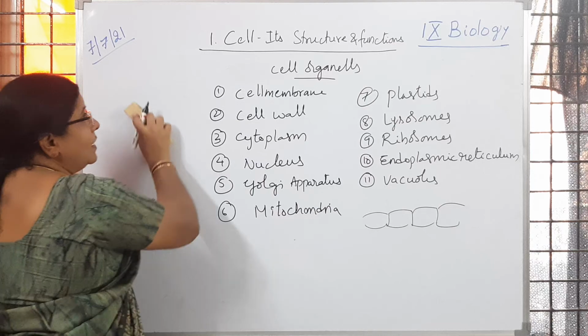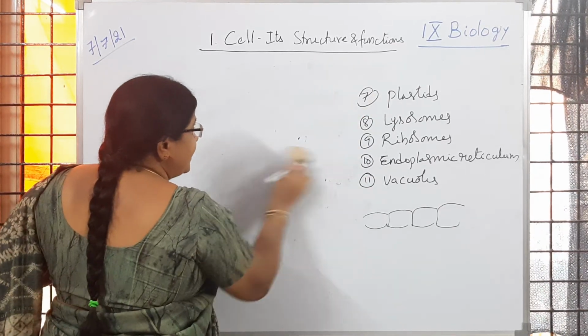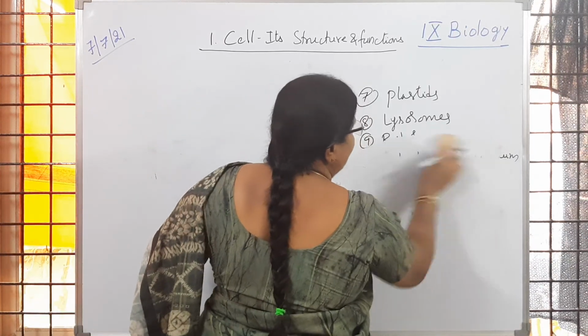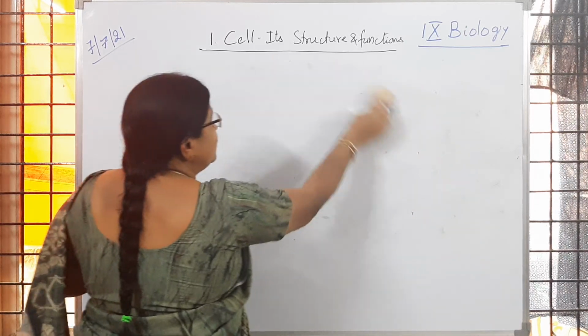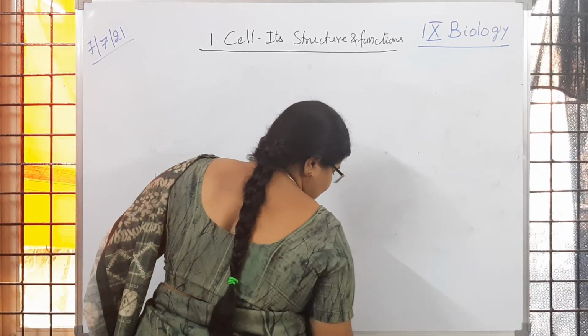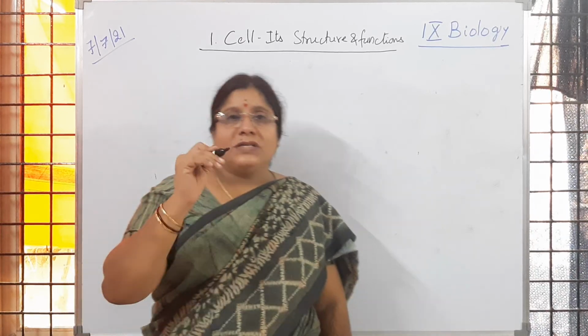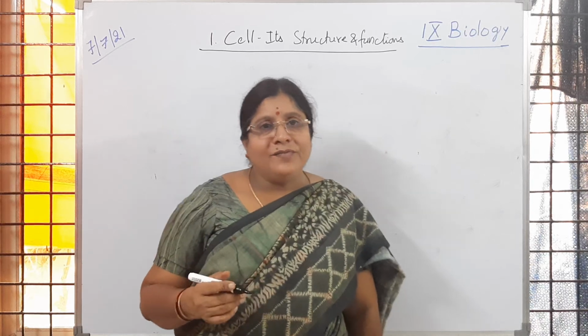So now coming to the next point, what you are learning means different scientists, different types of works have been carried out and inventions have been made by them. So what are those? If we recall once, for the first time the cell was studied by Robert Hooke. Okay, so how we came to know?